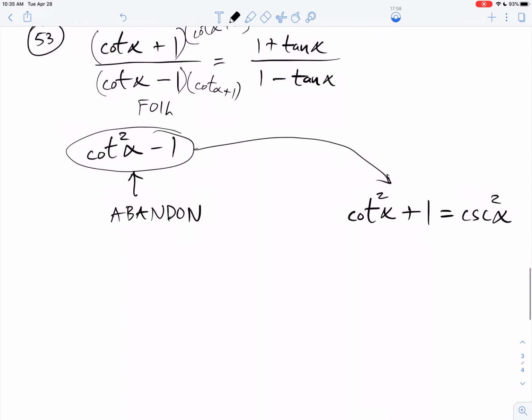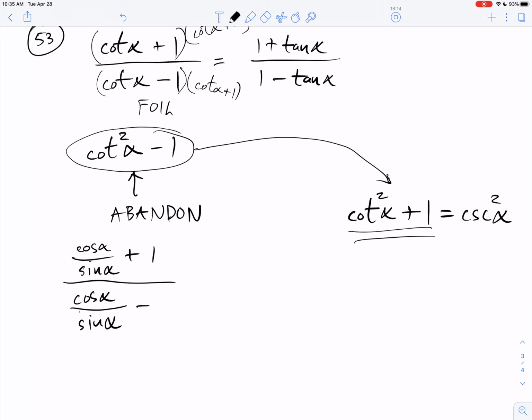When you notice that it's not going to give you what you need, then I'm going to have to, here we go, cosine alpha, sine alpha. This is what you would do. You would take this fraction here and rewrite it as a double fraction.